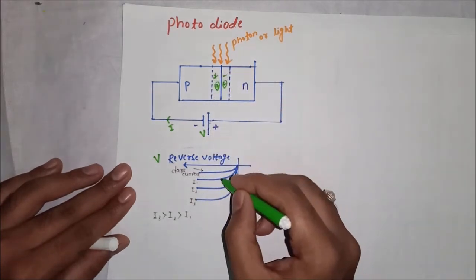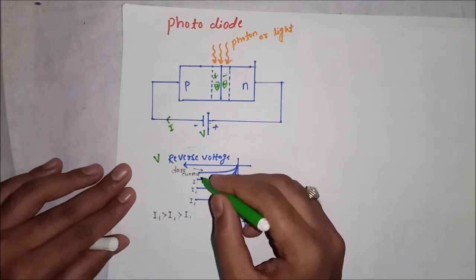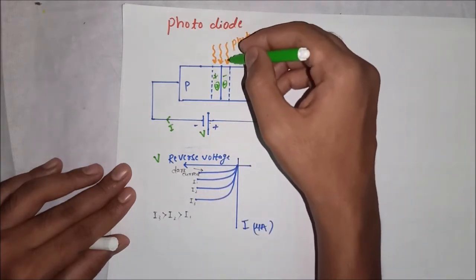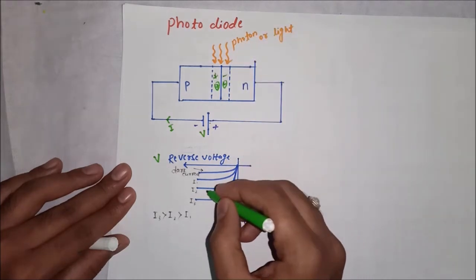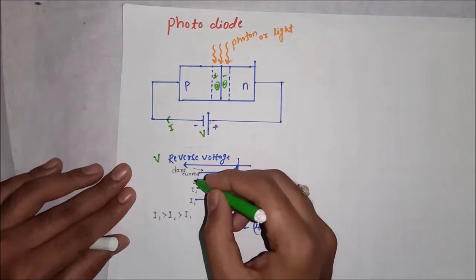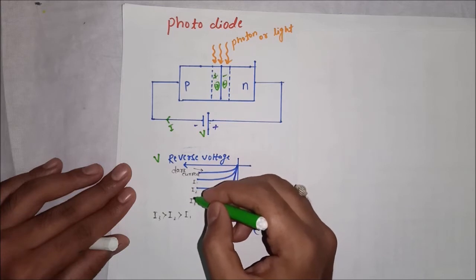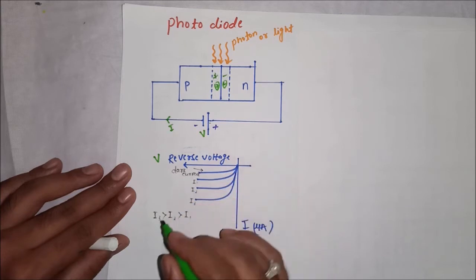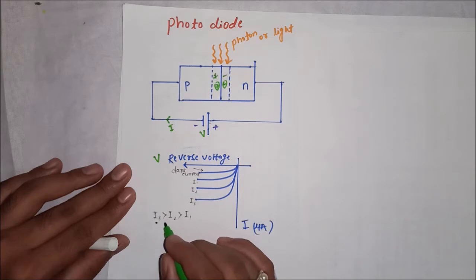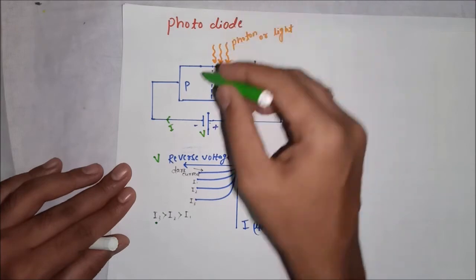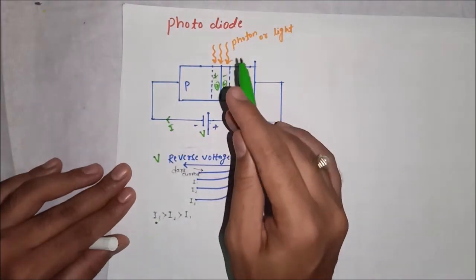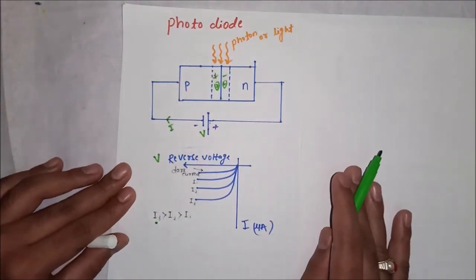So as the incident light intensity increases, the current also increases. Here I1, I2, I3 are the intensity of light. I3 is greater than I2 is greater than I1. So light intensity increases, the current also increases in a photodiode.